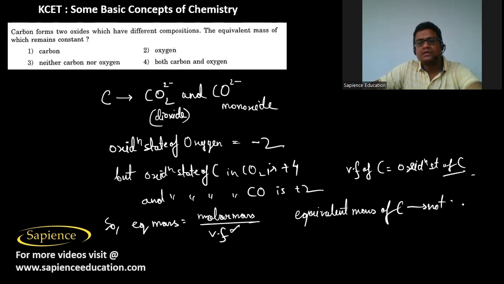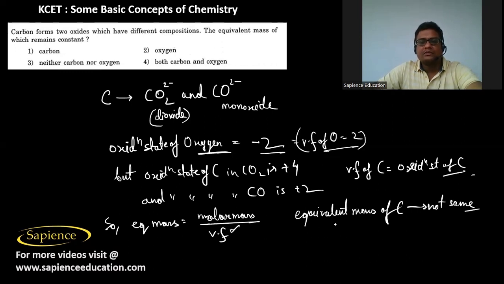But since the valency factor for oxygen is the same, since the valency factor of oxygen will be 2 only, the equivalent mass of oxygen will remain the same. So option 2 is the correct answer.